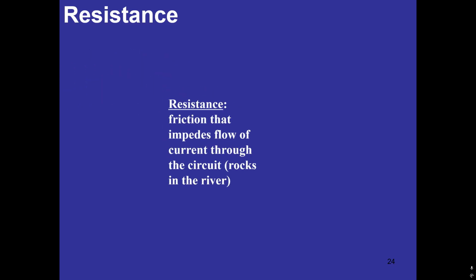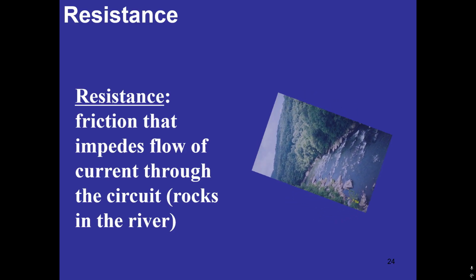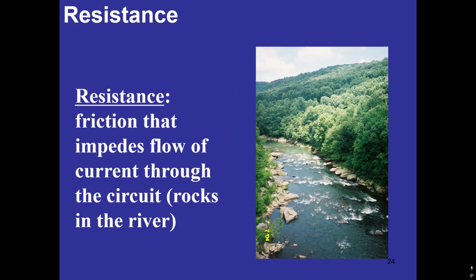Next we have resistance. It is denoted by the letter capital R. The unit for resistance is ohms. So what is resistance? It is the friction that impedes the flow of current through the circuit. It is similar to a river. If the river bed is very smooth, water will flow without any obstruction.